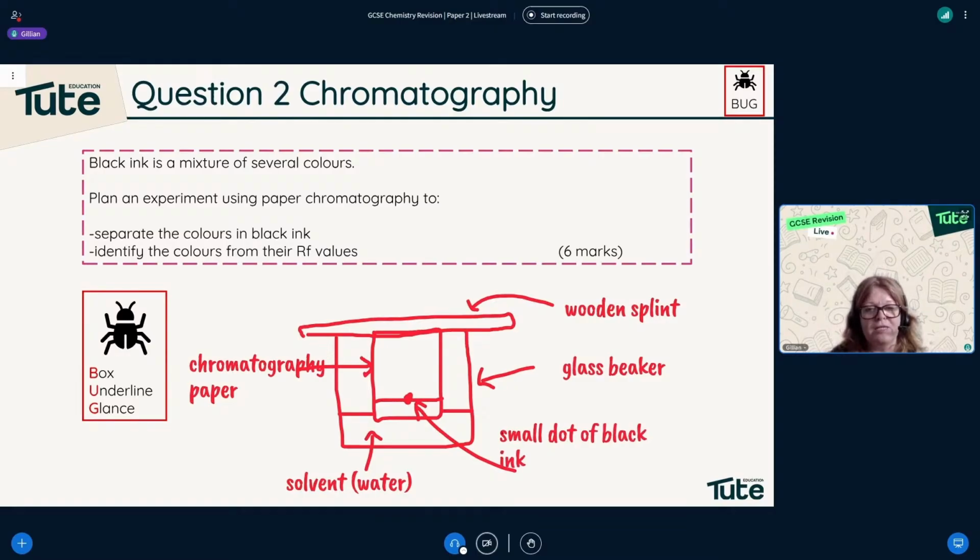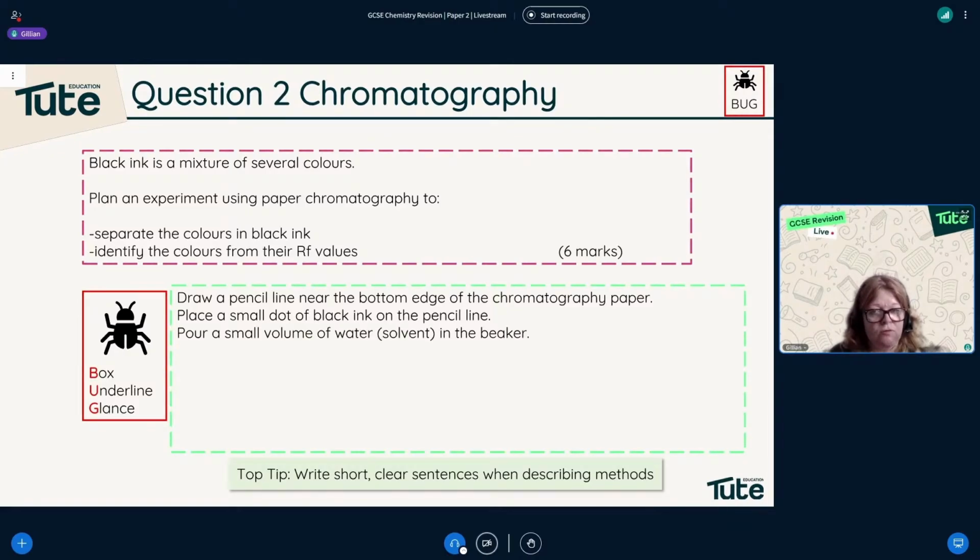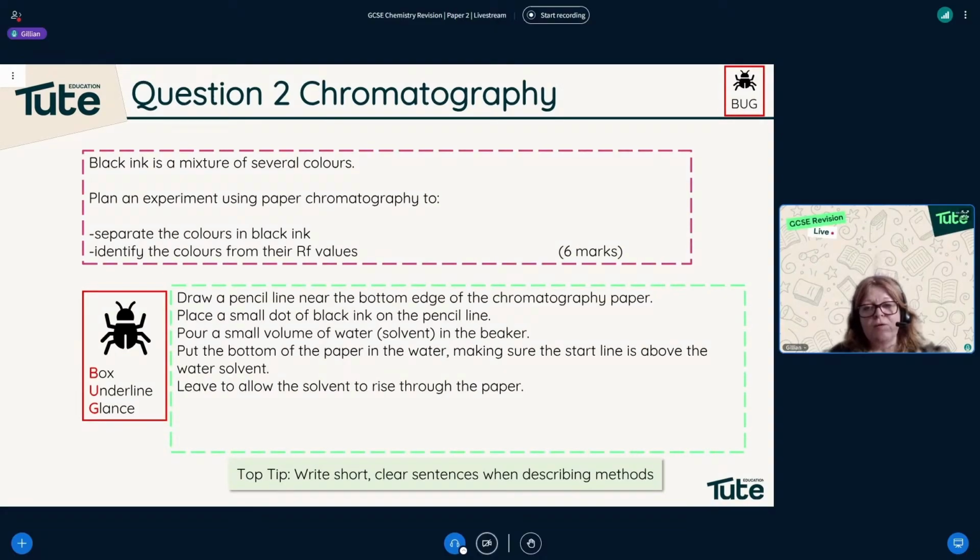Now I'm thinking, great, I can write my method now. So what would my method look like? Okay, so draw a pencil line near the bottom edge of the chromatography paper. Place a small dot of black ink on the pencil line. Pour a small volume of water, which is the solvent, in the beaker. Put the bottom of the paper in the water, making sure that the start line is above the water solvent. Leave to allow the solvent to rise through the paper.